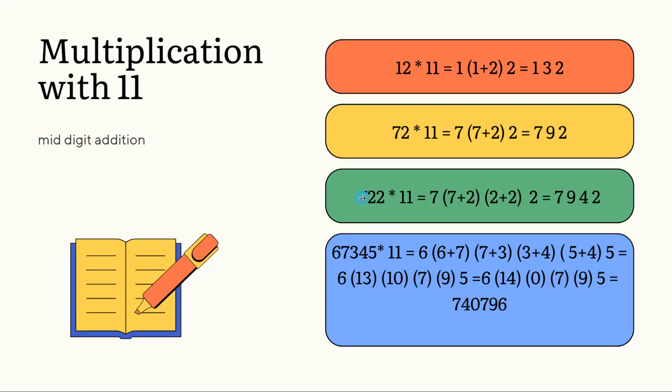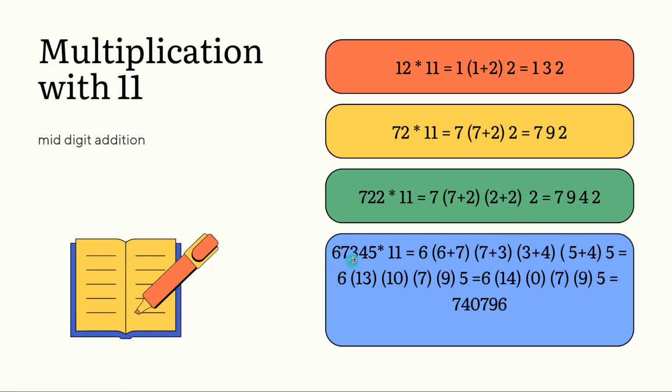So in this case we are going to follow the same method, like we have seen in a previous example with the rule of 37, right? 7 plus 2 and then 2 plus 2, so it will be 7, 7 plus 2 is 9, and 2 plus 2 is 4, so 7942, right? Here we cannot do just 7 plus 2 in the middle, because there are three digits, so we have to do some permutation combination like that, right? 7 2, what is the number that is here? Then 2 2, what is the number that is here, right?